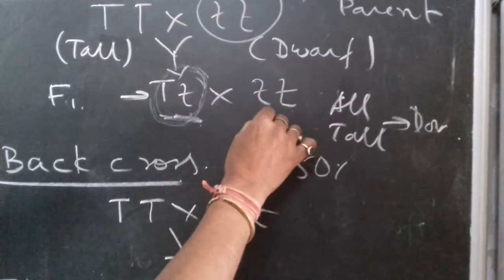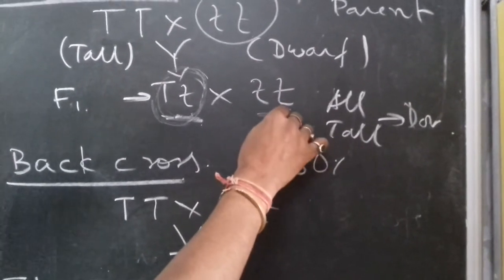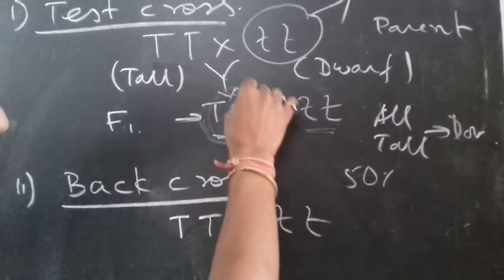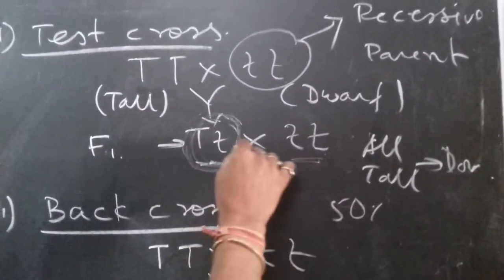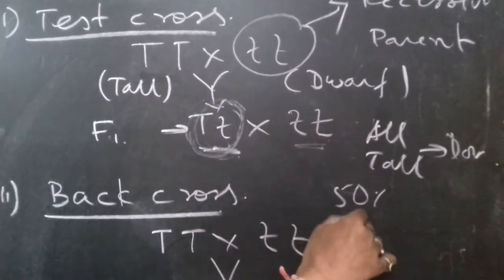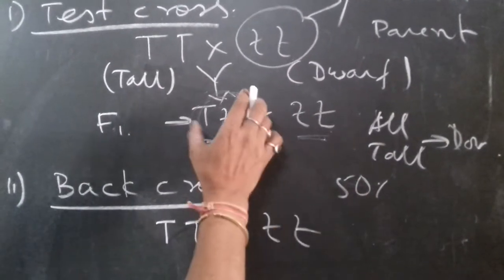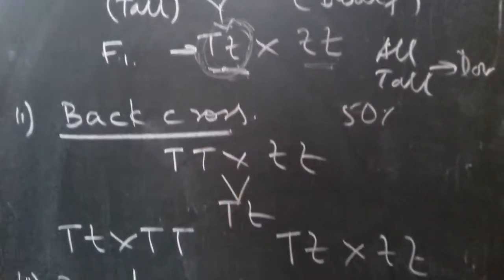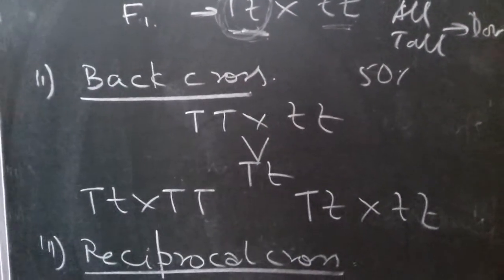So that is the purpose of the test cross. If we get all tall, then this will be a pure homozygous. If we get 50% tall and 50% dwarf, then we say that this is a heterozygous genotype. This is applicable for a dihybrid cross also.